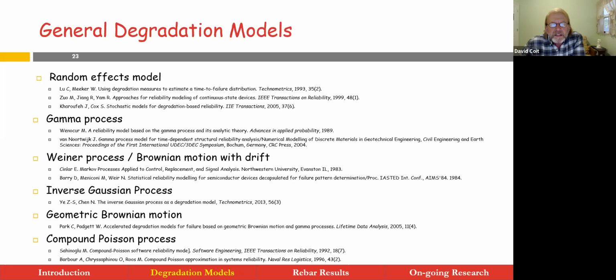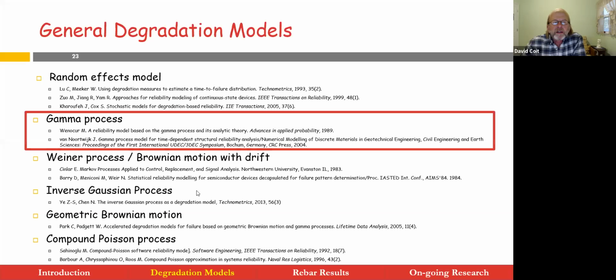There's a Wiener process, very popular, but that's not monotonic. Overall, it will show an increase in degradation, but momentarily decreases as well. And there are others as well. Based on everything we know and have learned about the rebar corrosion, the gamma process seems appropriate. It's monotonic, and seems to fit the data to a certain extent.